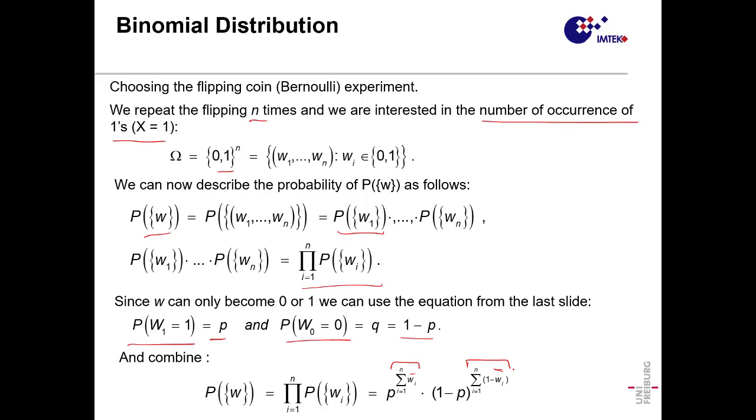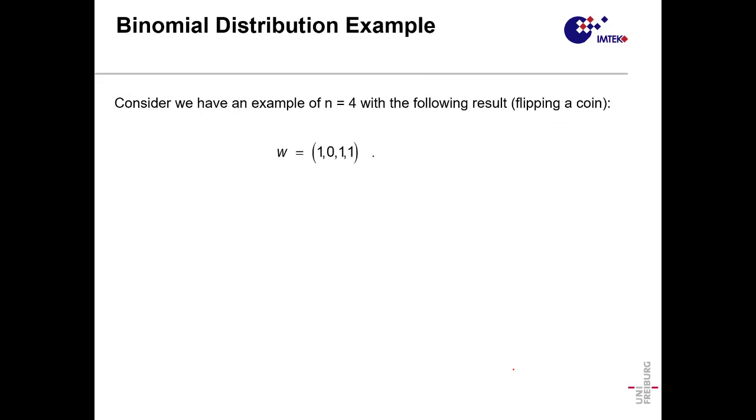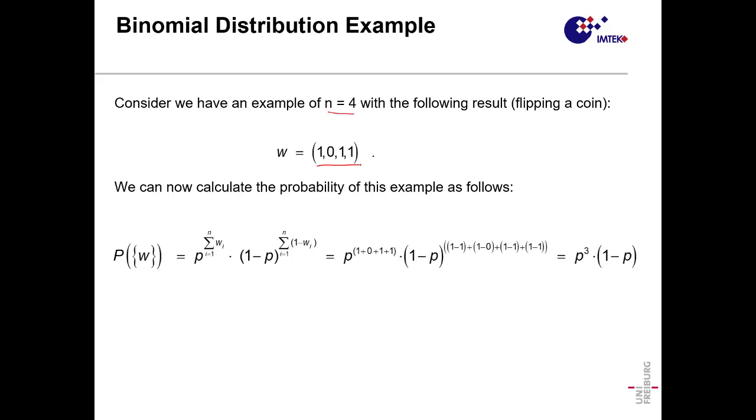Okay? So that becomes handy because now, let's say that we have n equal to 4, so 4 flips of the coin, and we are interested in this outcome, 1, 0, 1, 1. Now we can calculate the probability of this.